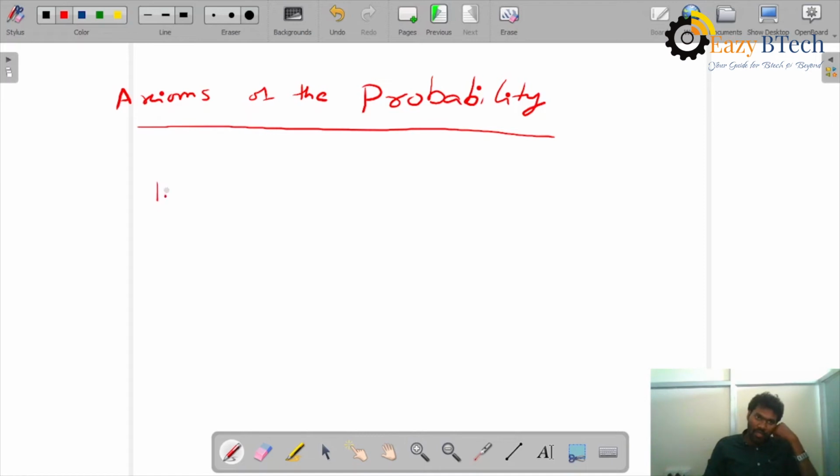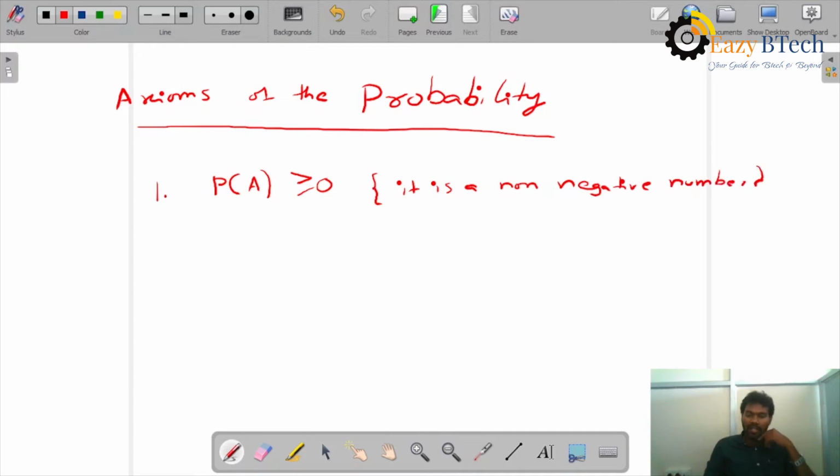Just now I told you that the probability of an event, suppose we assume an event is A, must always be greater than or equal to 0. That means it is a non-negative number. Why is it a non-negative number?